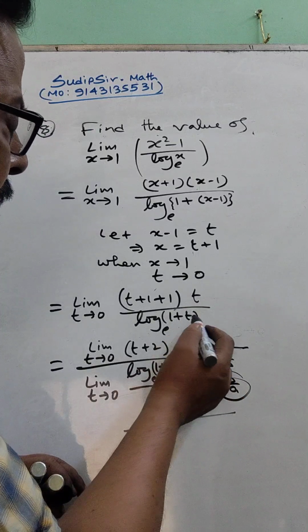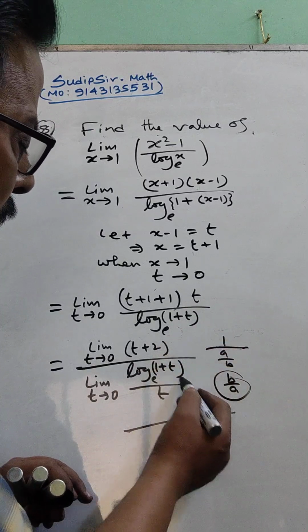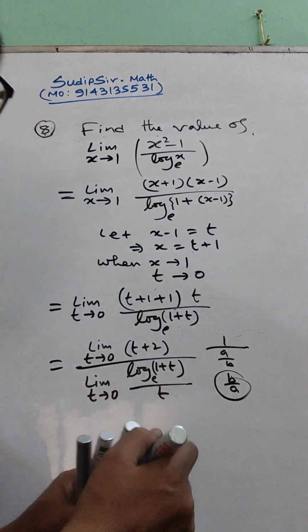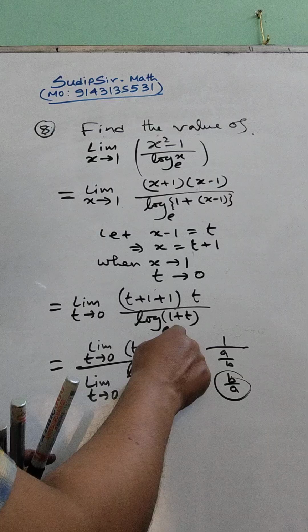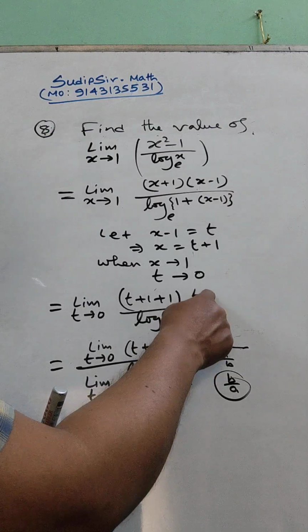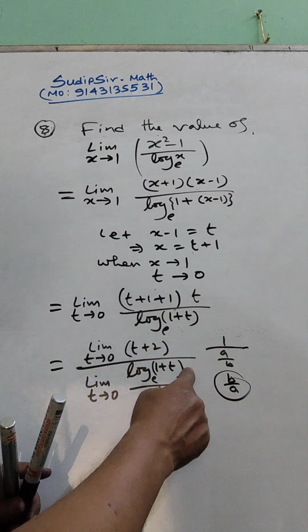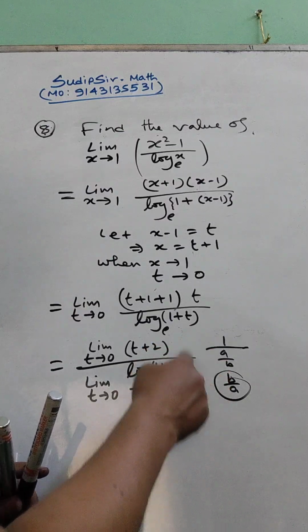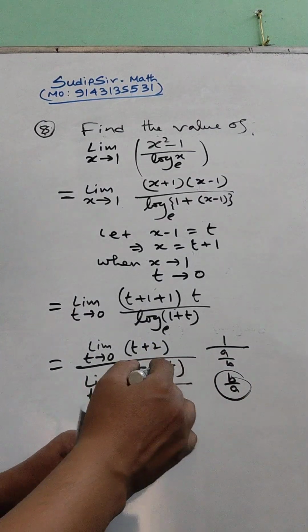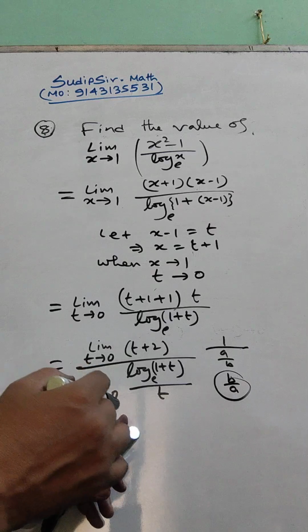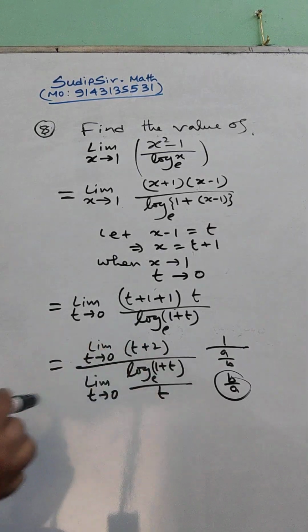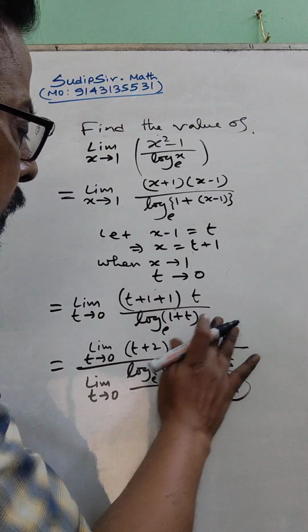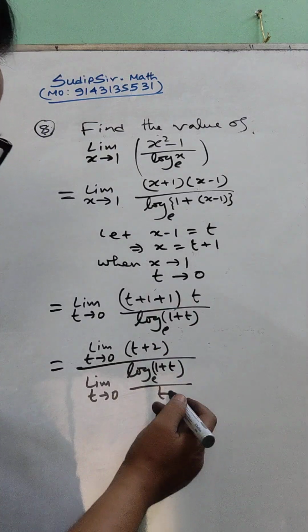So t by log of 1 plus t can be written as 1 by (log of 1 plus t by t).